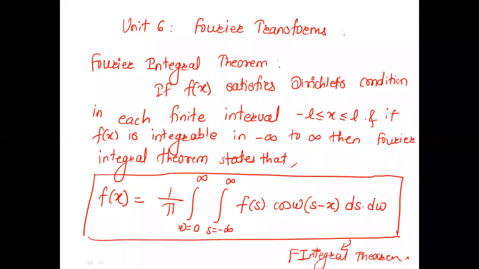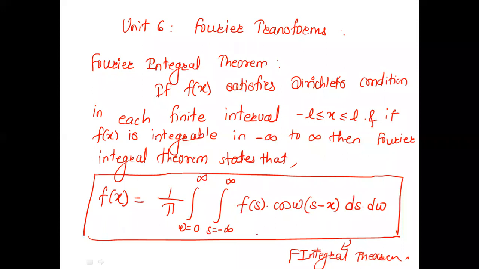So f of s is something which we have as f of x, which is defined in this interval. So that x will be replaced by s, and we'll write it here. And accordingly, however your function is defined on the interval, the limits change. So if it is defined in, say, minus 2 to 2, s will run over minus 2 to 2 for that function.